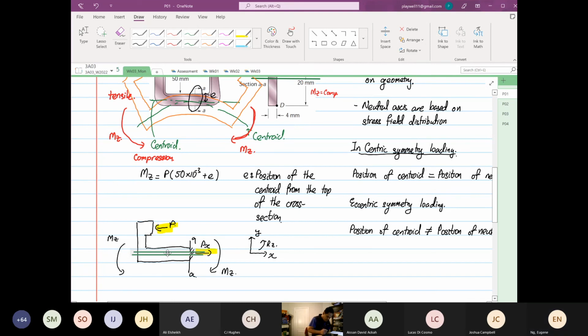Now, question for you. Does it matter if it has to be aligned to the centroid for axial load? Anyone? And if it does not, why?